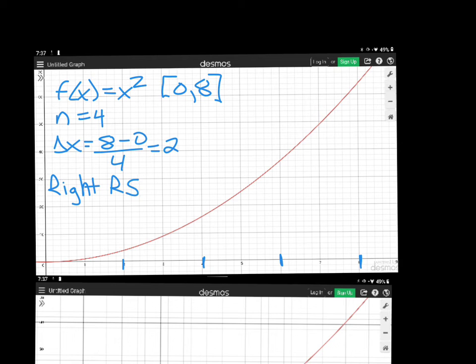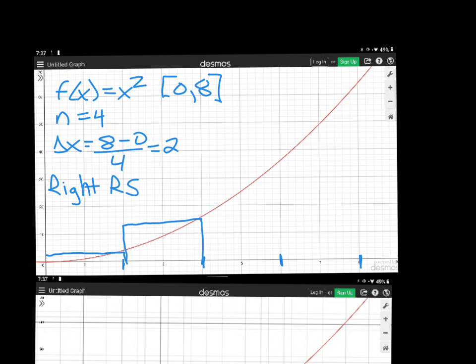Okay? So then visually, what that means is that the height that we want to use is going to be on the right corner of each rectangle. So then I'm going to go up to here and over. I'm going to go up to here and over.